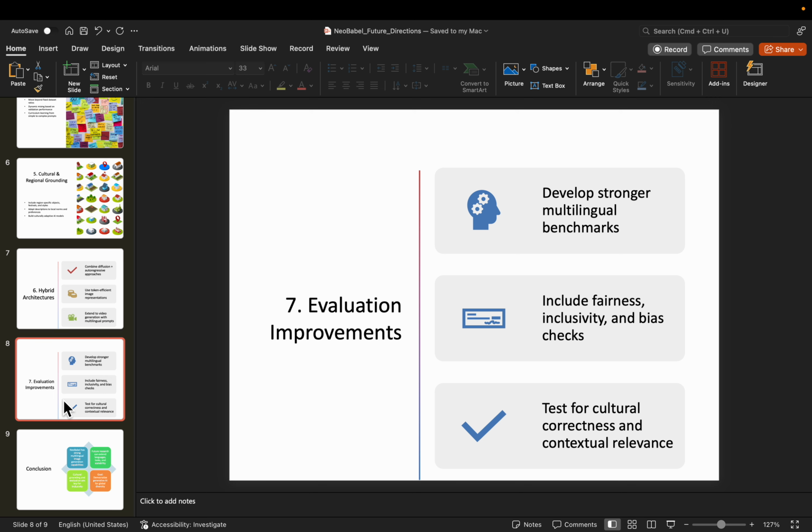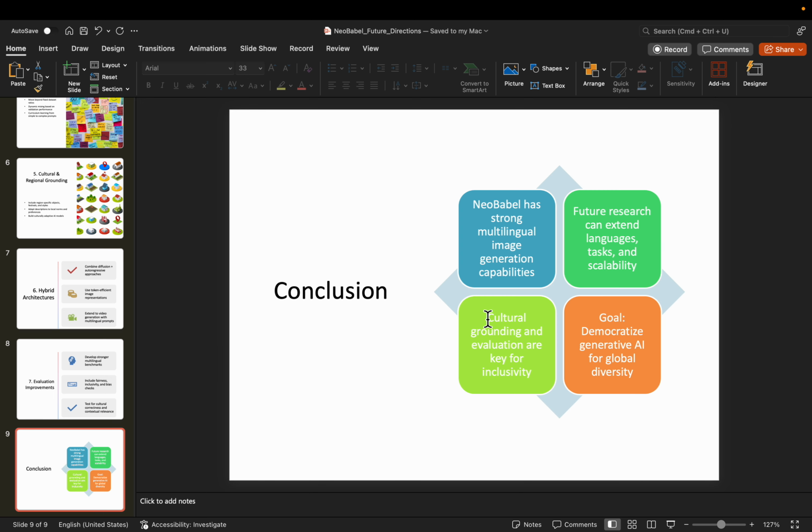We should evaluate not just accuracy but also fairness, inclusivity, and bias checks. So, to summarize, NeoBabel has image generation capability, and future research could extend it to many low resource, underrepresented languages, as I said, and to more task capabilities like captioning, visual question answering, and image editing.